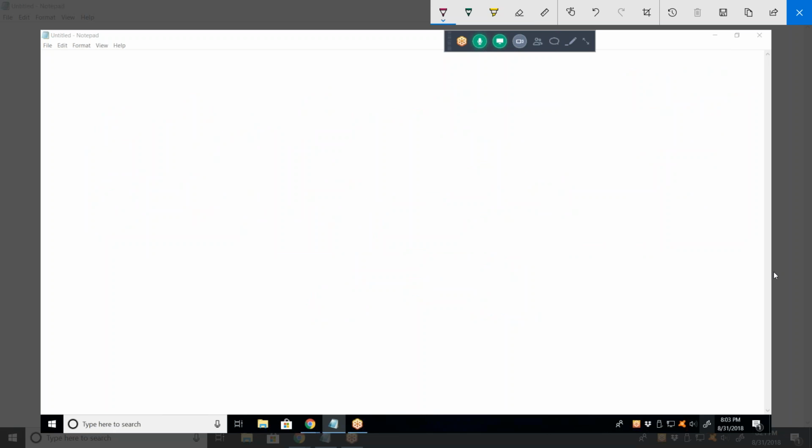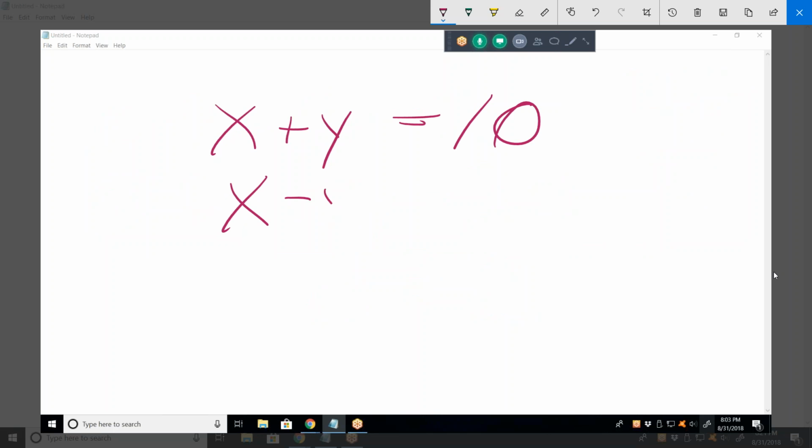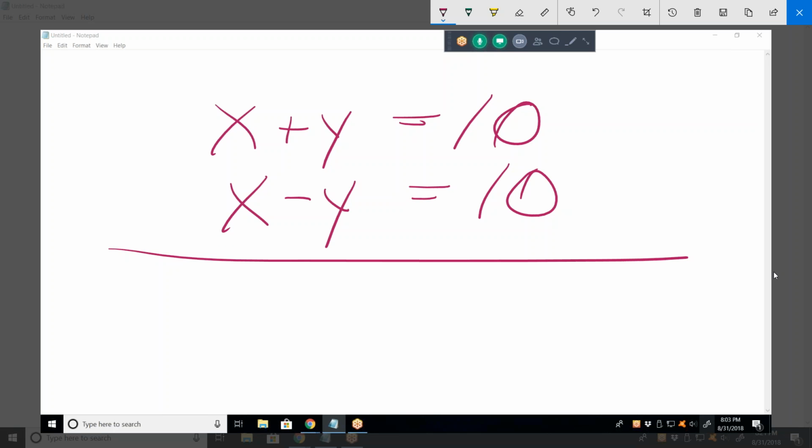Okay? Now, something like this looks a little strange, but it's entirely possible that that could be true. Solve those two. Tell me whether you're going to use elimination or substitution, first decision.